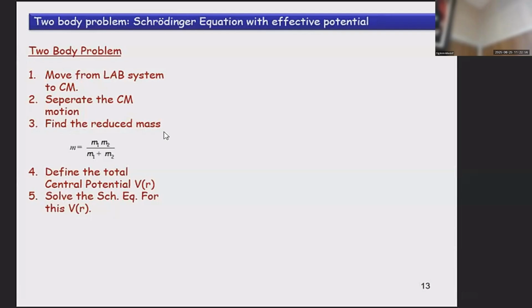We have to move from the lab system to the center of mass system, right? By using a simple formula, separate the center of mass motion and find the reduced mass between these two masses. Then define the potential and solve the Schrödinger equation.